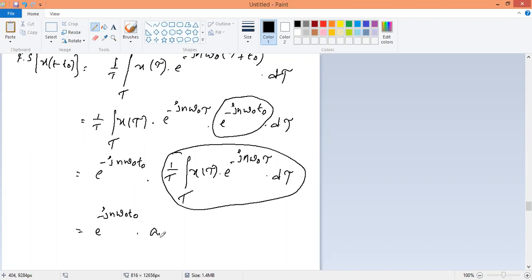Here instead of C_n, I am writing a_n. It equals the coefficient. Since a_n and b_n were already used for trigonometric series, the exponential coefficient was taken as C_n. That is the user's wish. You may take it as either C_n or a_n or b_n, but here we are not specifying anything.